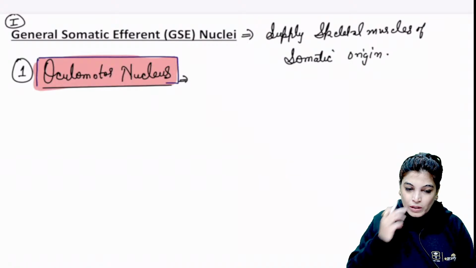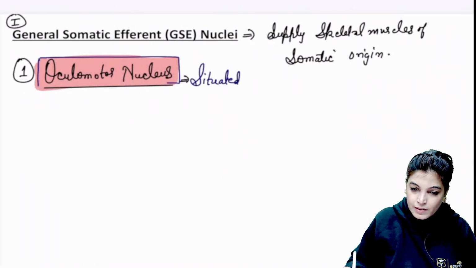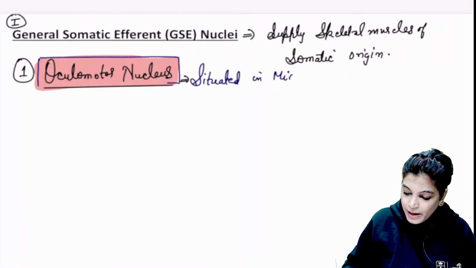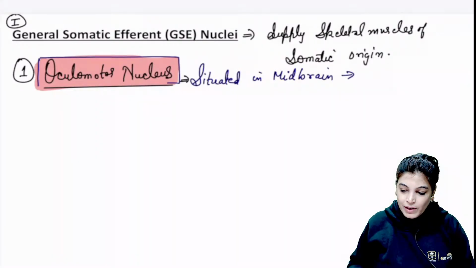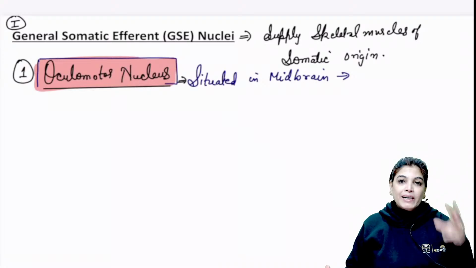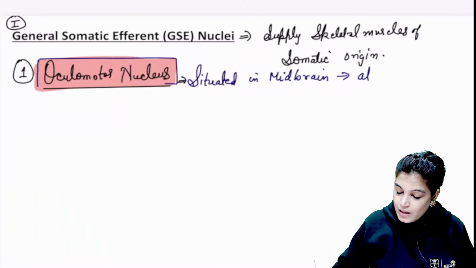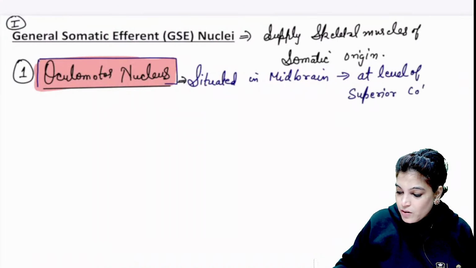So this oculomotor nucleus is situated in the midbrain. What is the midbrain? The upper part of the brain stem. And what is the level? When we see the transverse section of the brain stem, we can see the midbrain at the level of the superior colliculus.